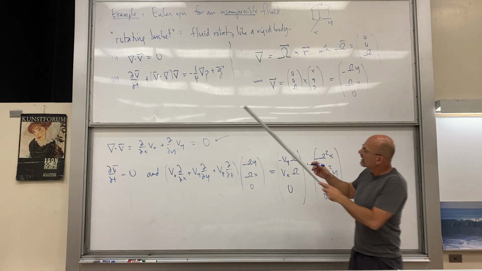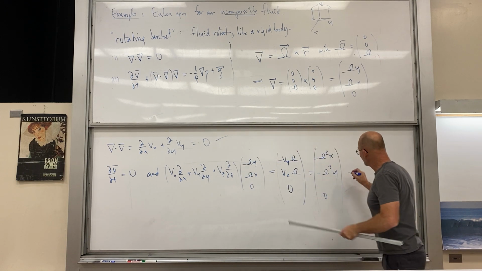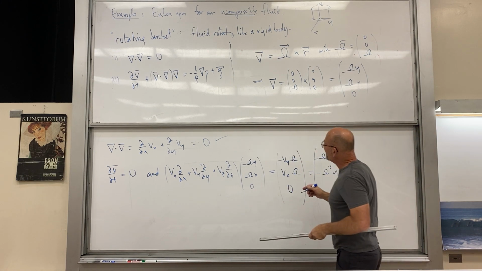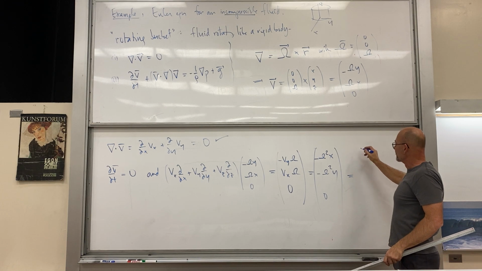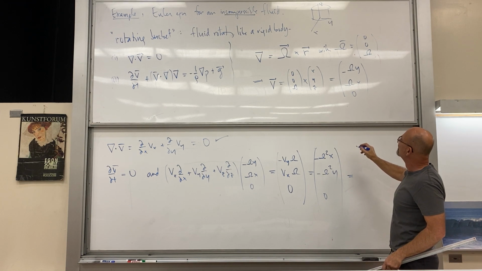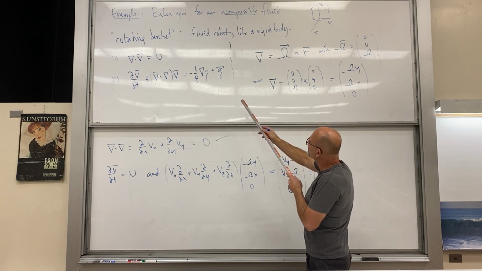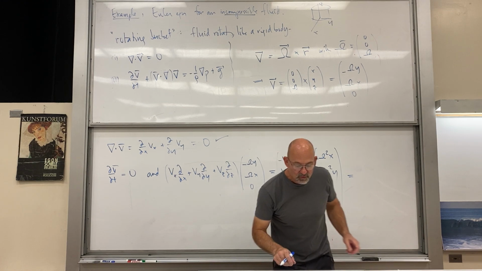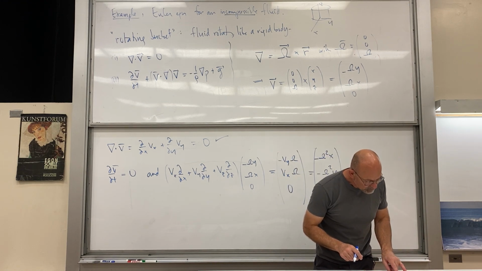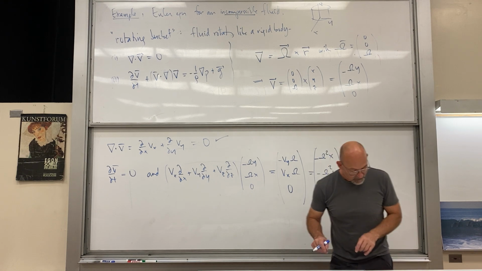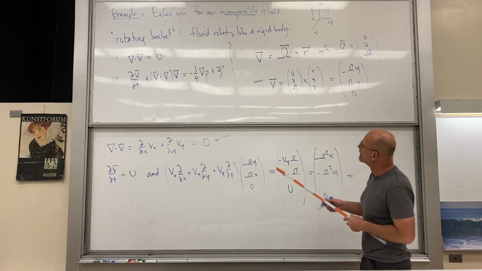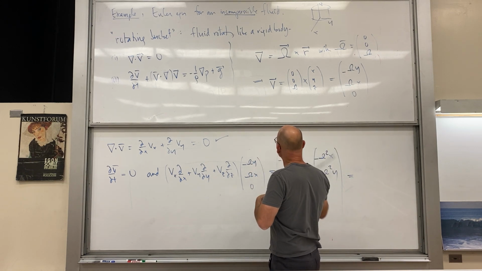So this is the left side of Euler's equation, and this vector is equal to minus 1 over rho gradient p plus g. That's going to be in the z column.